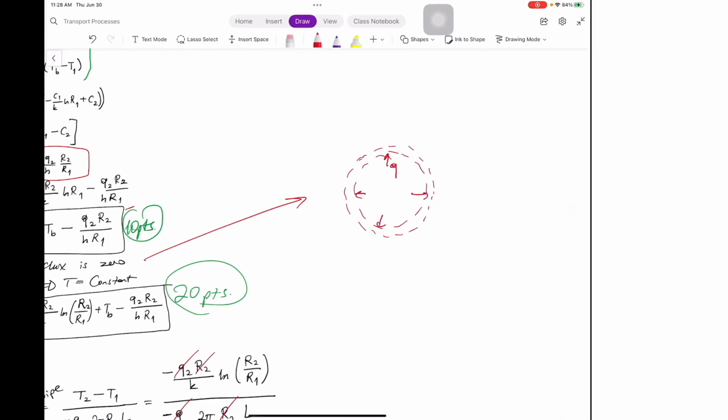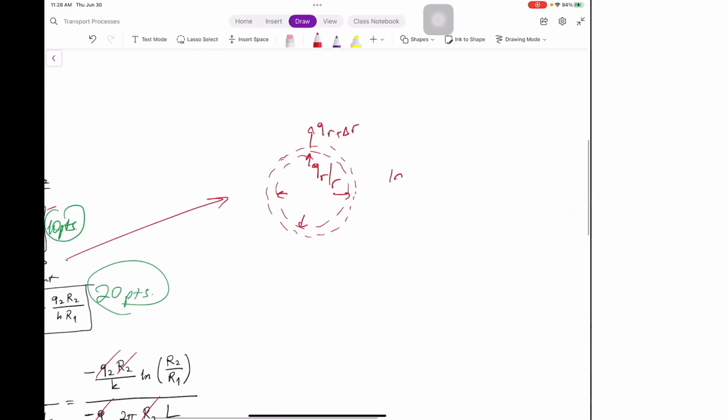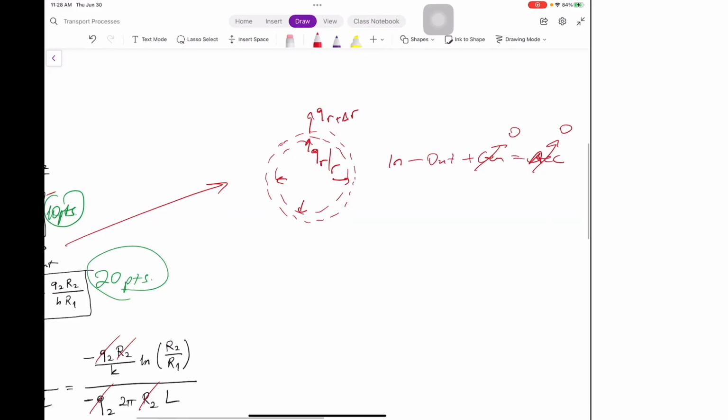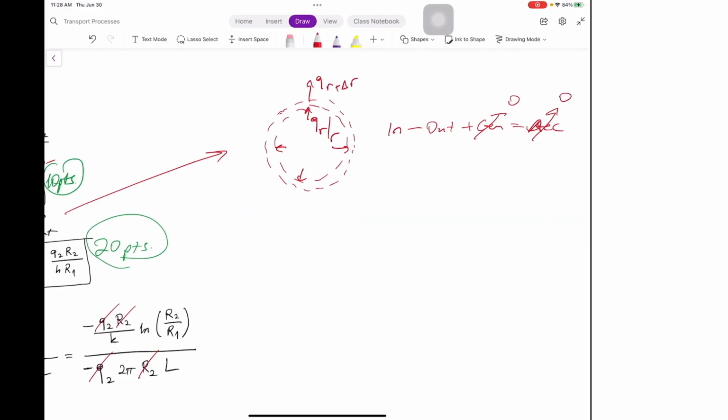This is Q at R, Q at R plus delta R. And then you say in minus out plus generation is equal to accumulation. And these are 0. No heater within the insulator either, right? Because the heater actually resides somewhere here with respect to my shell.